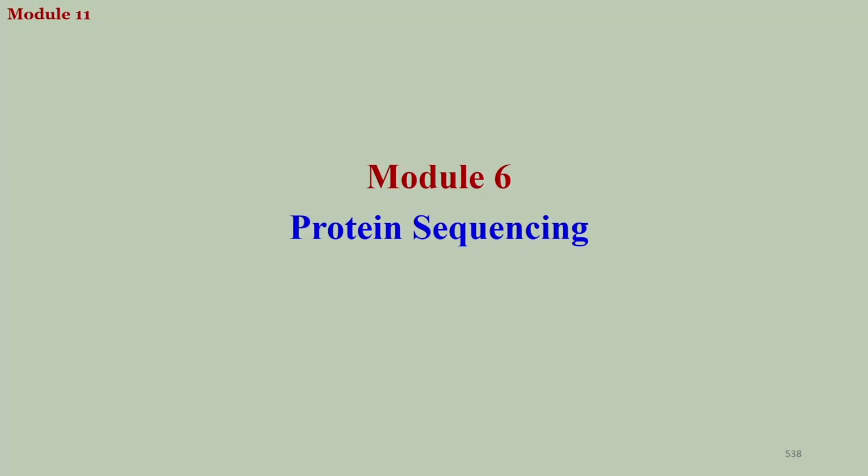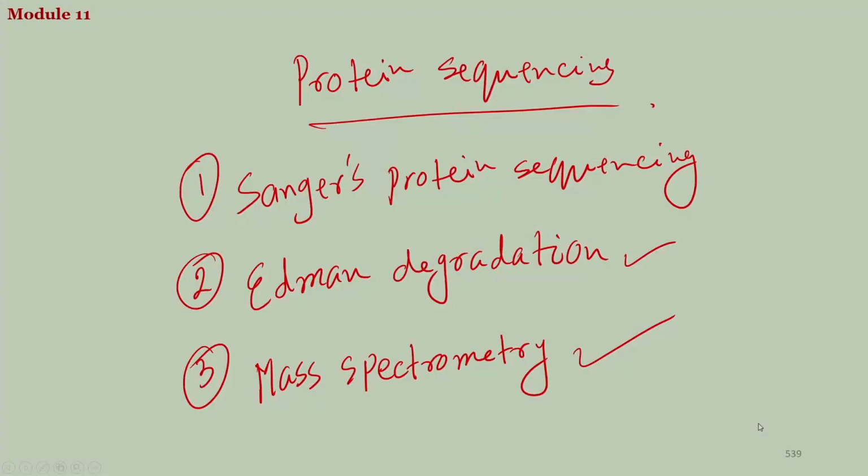Module 6 was on protein sequencing, and here we have discussed at least two different methods. One is Sanger's method, and another one was, what was it, Edman degradation method, and the third method is of course using mass spectrometry.